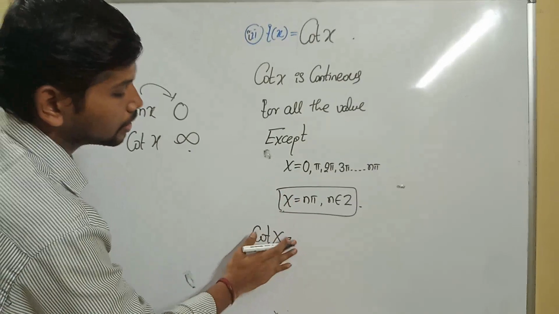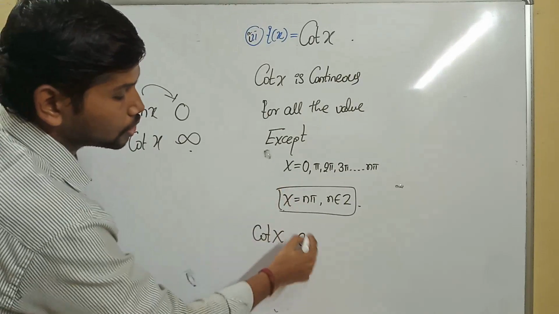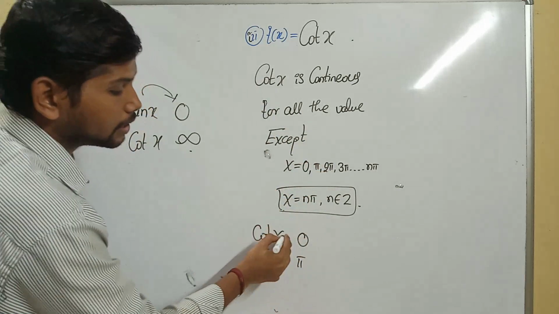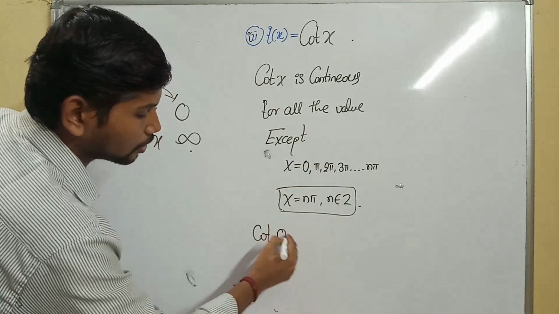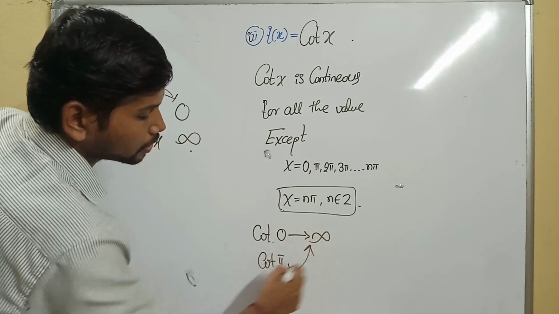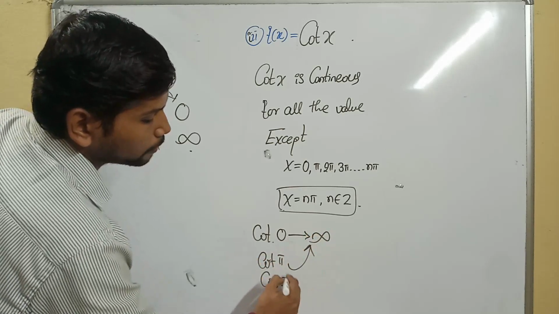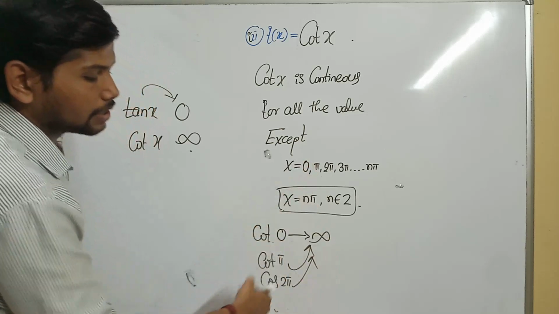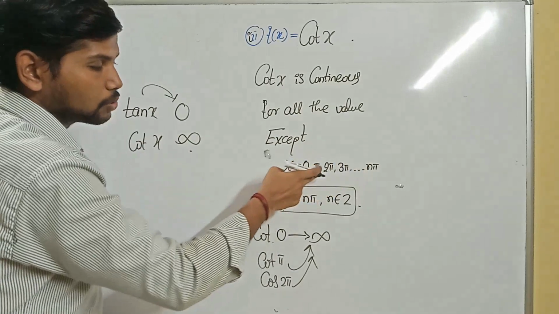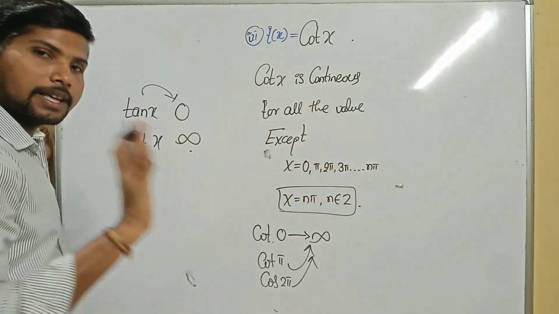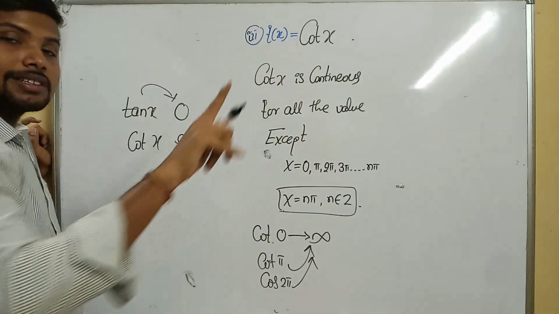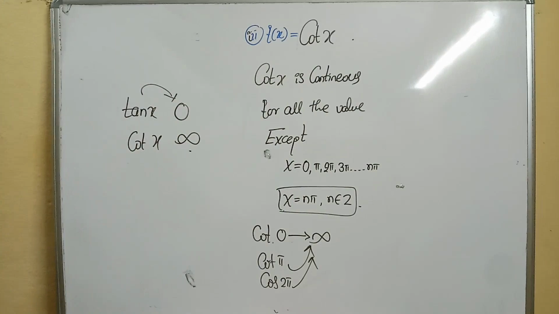Whenever x is 0, cot 0 will be indeterminate, cot pi will be indeterminate, cot of 2 pi will be indeterminate, 3 pi, like this continuously. So for these particular angles 0, 1, 2, 3, 4, and so on up to n pi, the general point is x equal to n pi, where the given function is discontinuous. Got the point clearly?